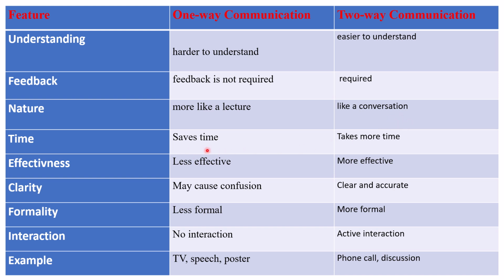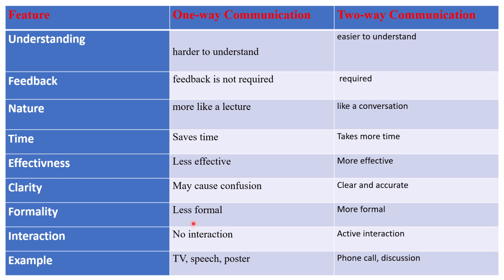Two-way communication naturally takes more time because it involves feedback also. One-way communication is less effective, and two-way communication is more effective. Why is one-way less effective? Because the information flows in only one direction, so it may cause confusion, but two-way communication is very clear and accurate.